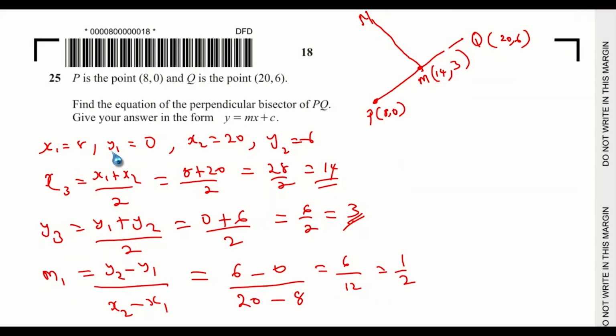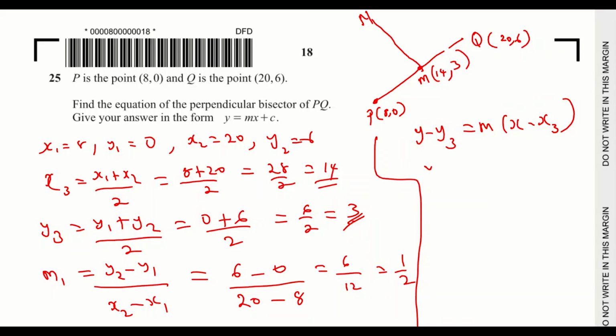Now we need the equation. We need the equation of the perpendicular bisector that passes through this point. So using y minus y3 equals m into x minus x3. So y minus y3, which is 3, is equal to the gradient negative 2 into x minus x3, which is 14.